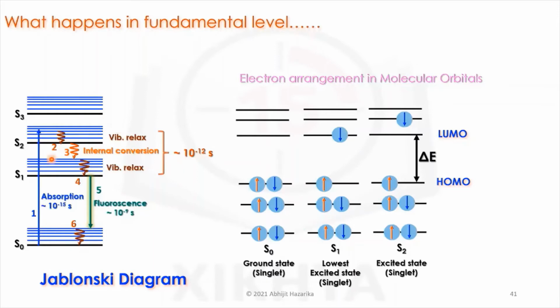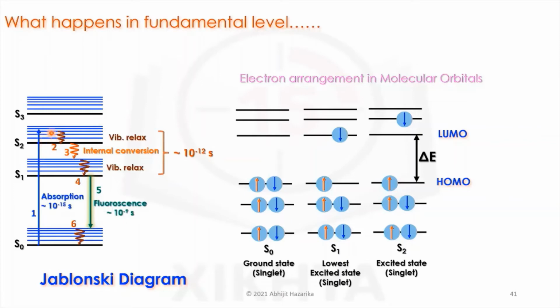Now here in this picture, we have a ground electronic state S0, which is a singlet state. That means all the electrons have opposite spins. And we can have different excited electronic states like S1, S2, and so on. All these blue lines are vibrational energy levels. When the system absorbs light or electromagnetic radiation of sufficient energy, the system goes from S0 to one of the higher electronic states, let's say S2.